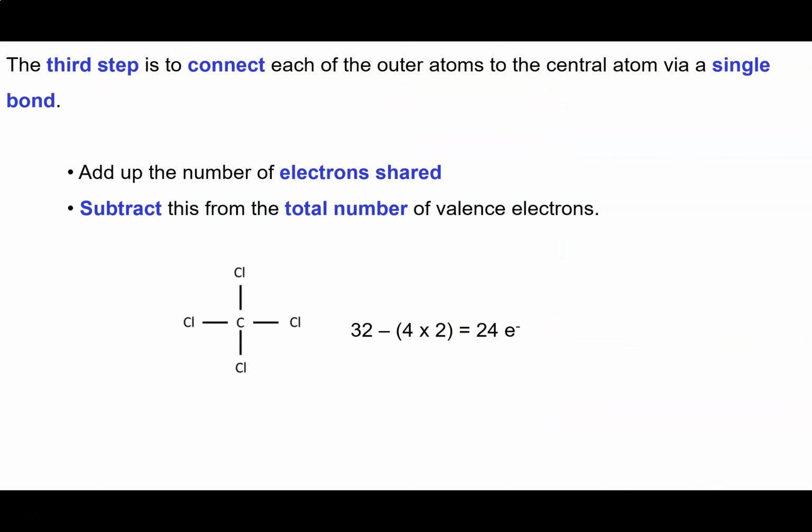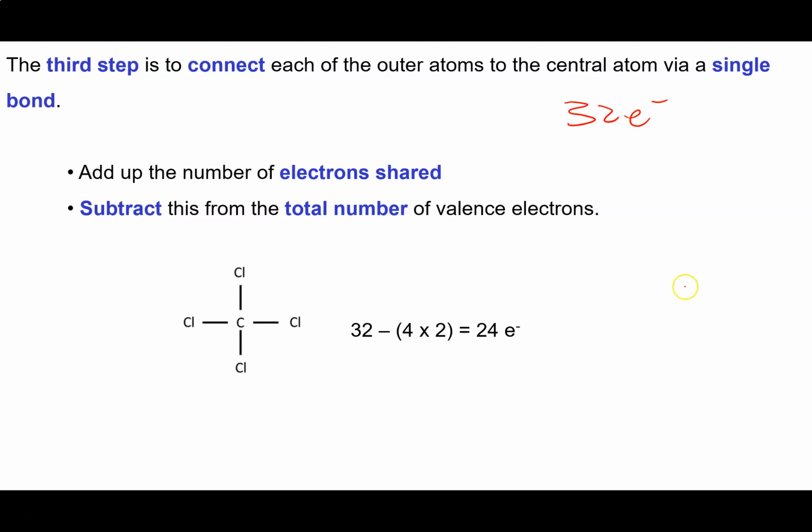So we've got 32 electrons to make all of our bonds with. The third step in drawing a Lewis structure, now that I've identified my central atom and my outer atoms, is that I should connect my outer atoms to my central atom by single bonds. And I have to do this because every outer atom has to be connected by at least a single bond.